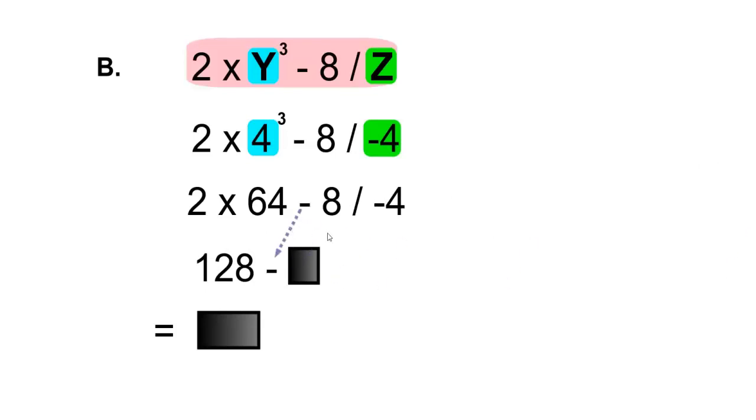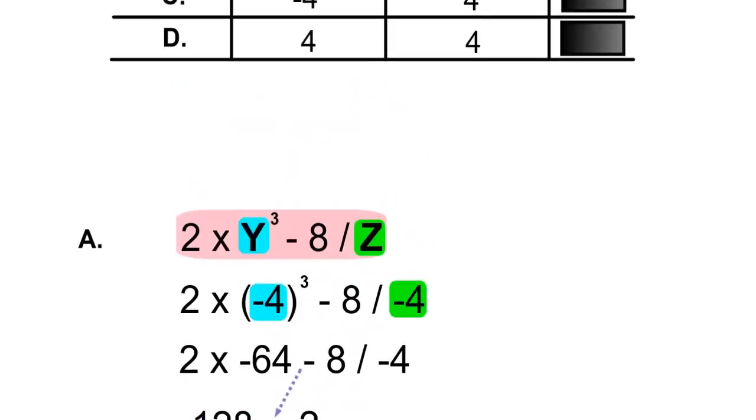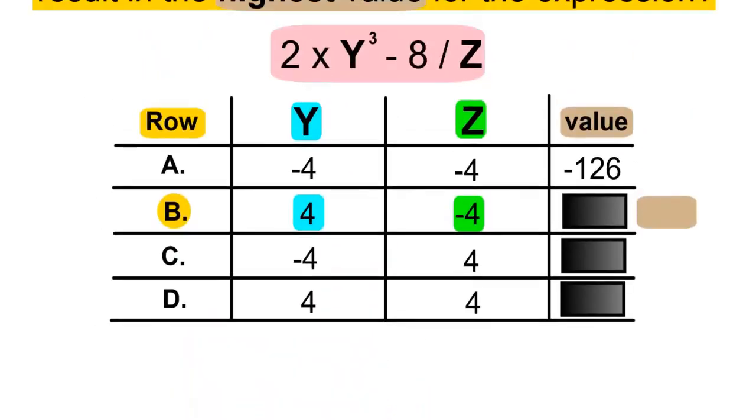Bring down the subtraction sign. 8 divided by negative 4 is negative 2. Again, we're subtracting a negative, so we'll add the opposite. 128 plus 2 is 130. So the value for row B is 130.